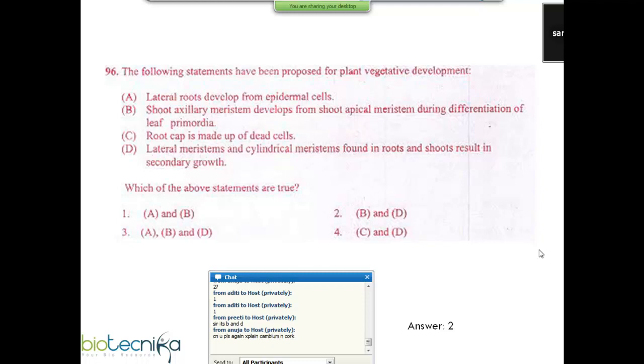Always see which option among A, B, C, D is more repeated. That is the right one. By seeing that, I can remove one option. Here D is more repeated. It is present in 2, 3 and 4. So definitely D is right. Yeah, that is the confusion.